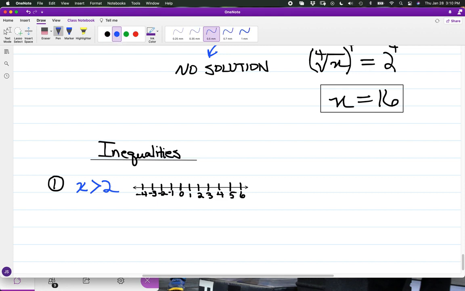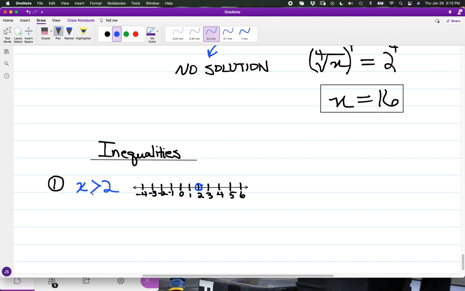So for x is greater than 2, now on the graph the book has parentheses, but in Alex, instead of parentheses, you'd be looking at holes or open circles. On the 2 we have an open circle, meaning that because you have a hole, 2 is not included in the description.